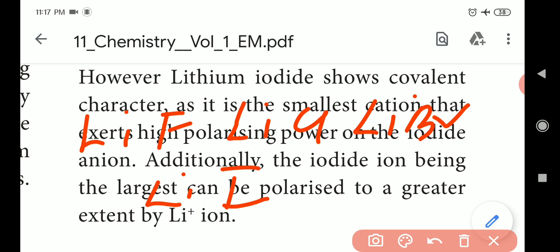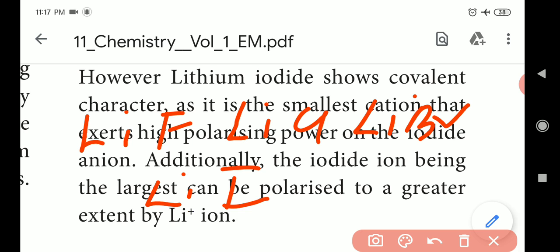Which one has the most covalent character? Lithium iodide has the most covalent character, and lithium fluoride has the least covalent character. Which one has the most ionic character? Lithium fluoride has the most ionic character, and lithium iodide has the least ionic character.